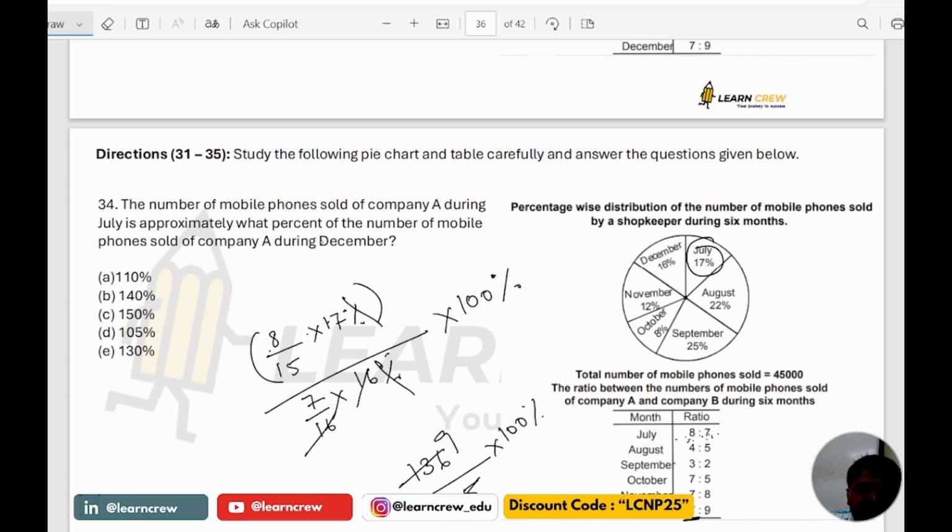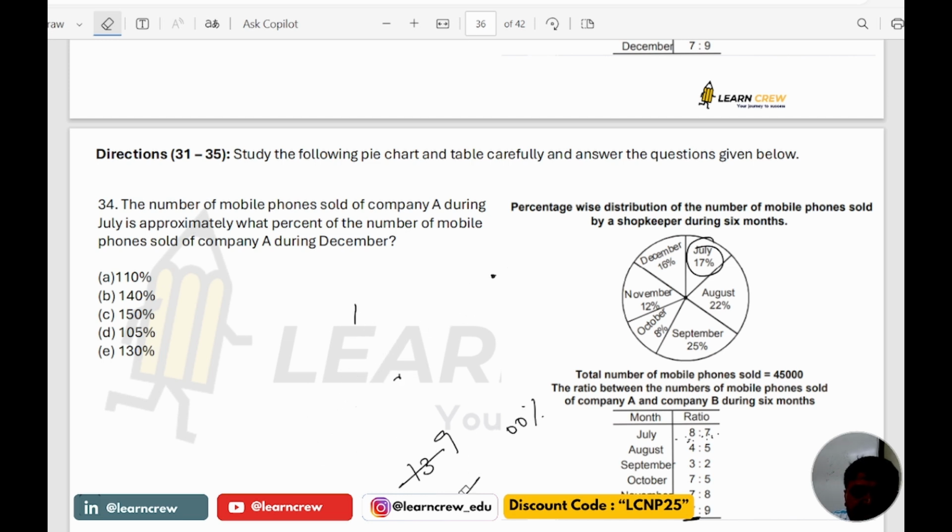Is approximately what percentage of number of mobile phones? Once again please see here. Did I make any error here? Any mistake? Please check. Number of mobile phones sold by company A during July is 8 by 15 of 17 percentage.